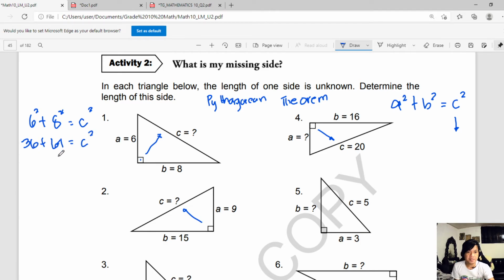So, 36 plus 64 is 100, equal to c squared. The c is still squared.